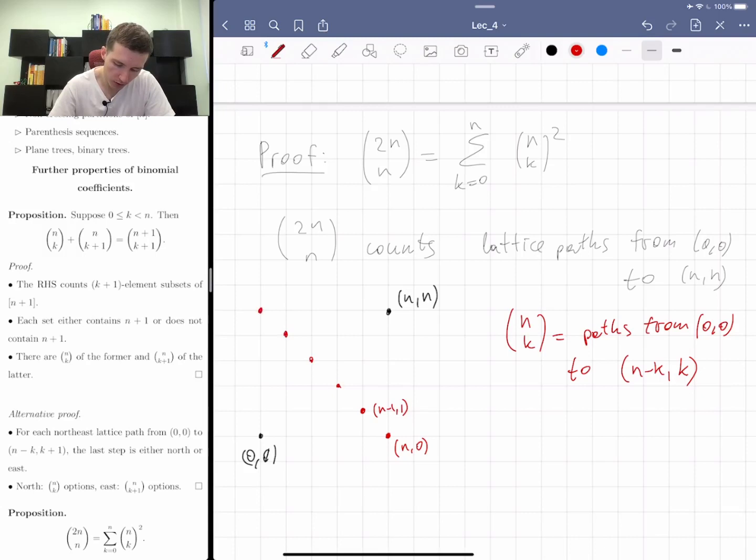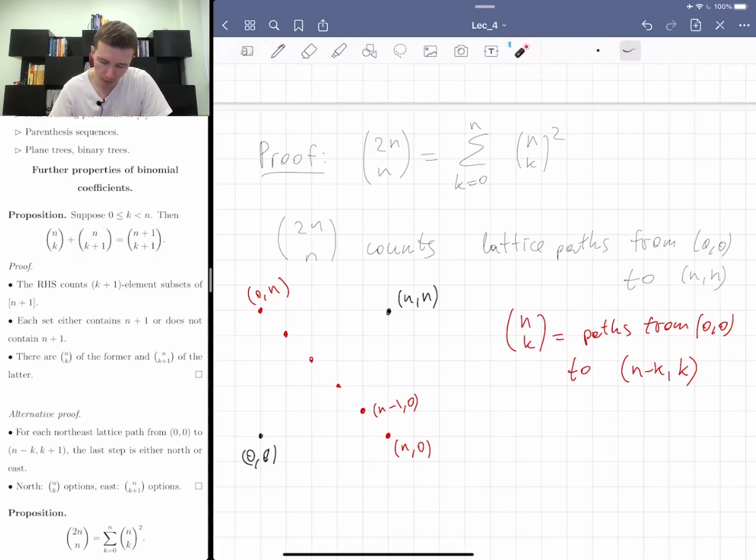These are all points n minus k comma k. Oh, sorry, I thought that was supposed to be not n but n minus k. Wait, hold on. Sorry, no, that's correct, because k varies. N comma 0, and then n minus 1 comma 1, and so on.